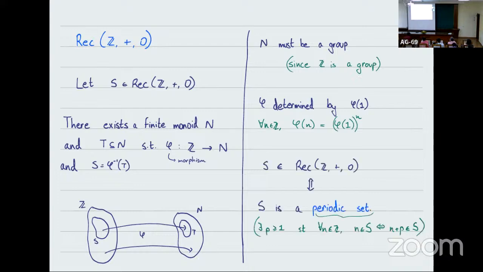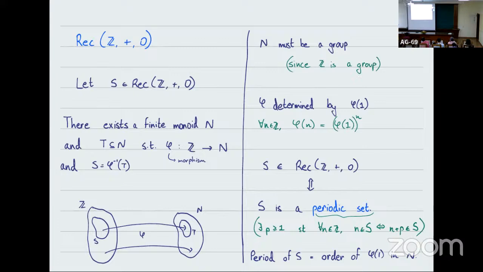And now I claim that this implies that S is a periodic set. By periodic, I mean there exists some P such that for all n, n is in S if and only if n plus P is in S. The period here, in fact, is the order of phi of 1 in N. Let the order of phi of 1 be P, then phi of 1 plus P will have the same mapping as phi of 1.